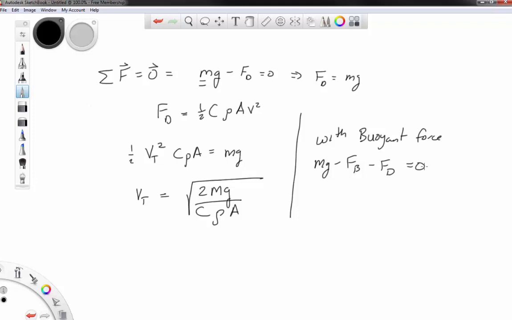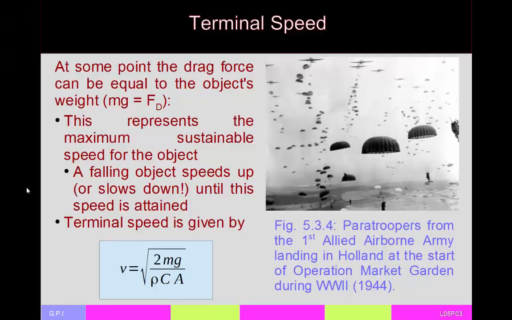And the buoyant force is something that we're actually going to discuss later, so I don't want to get too much into that here. But you could just imagine putting in a minus FB right here in this equation if you want to include the buoyant force. In any case, this is therefore what you get for the terminal speed.